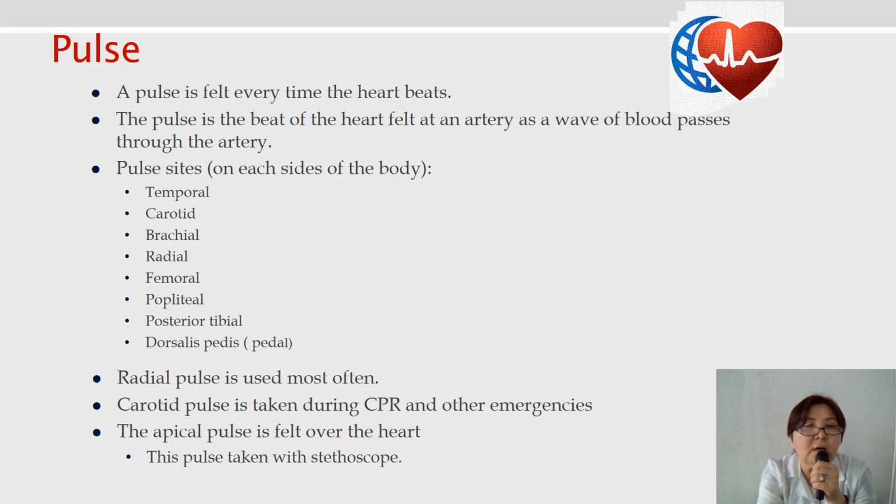These pulses are on each side of the body. Radial pulse is used most often. Carotid pulse is taken during CPR and other emergencies. The apical pulse is felt over the heart. This pulse is taken with a stethoscope.